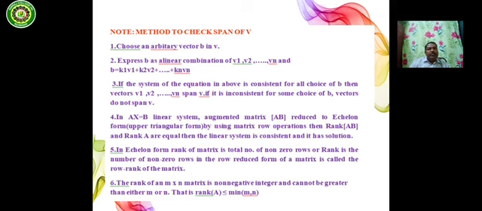The rank of an m by n matrix is a non-negative integer that cannot be greater than either m or n, so rank of A is less than or equal to the minimum of m and n.